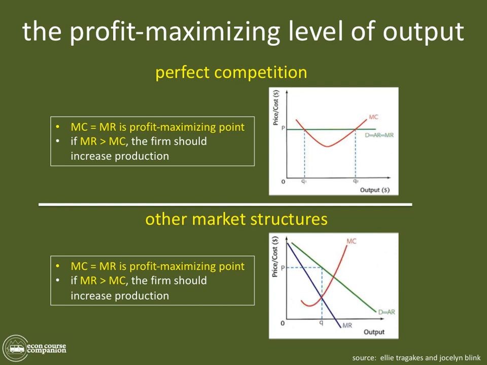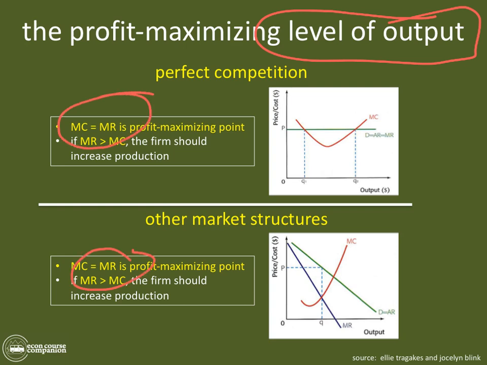And what are you looking for to find your maximizing level of output? Where MC equals MR, no matter the market structure. So here, where does MC equal MR? Bam, right there. And in this case, though, the Q, this quantity is huge. This is the quantity that is the maximum, the profit maximizing level of output.